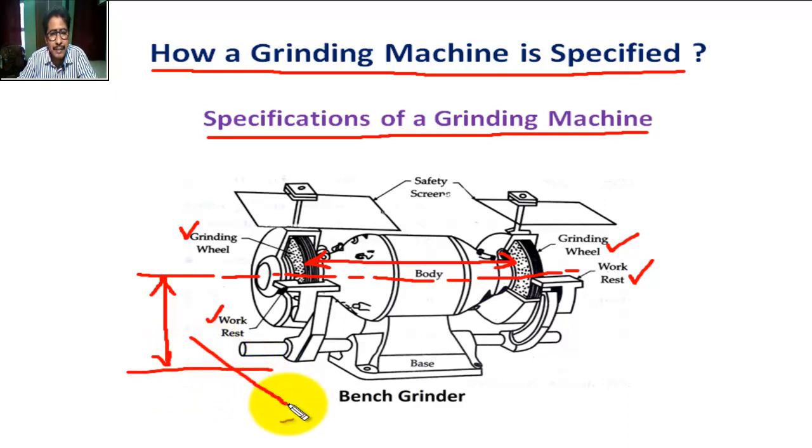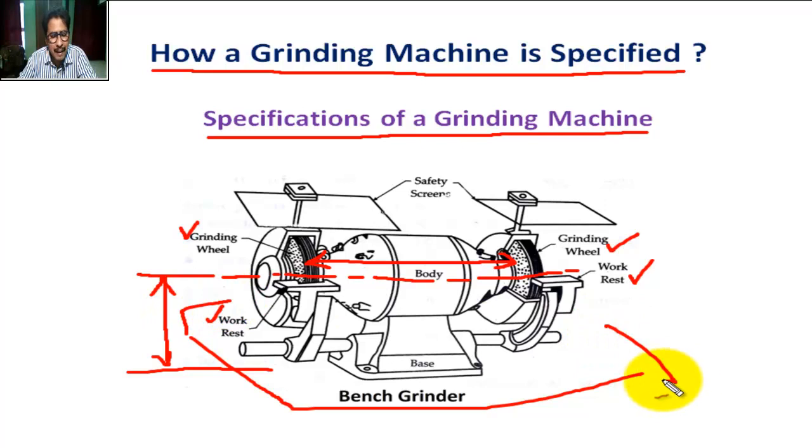This is the area of the base plate. This is the motor. In the spindle of the motor, two grinding wheels are mounted.